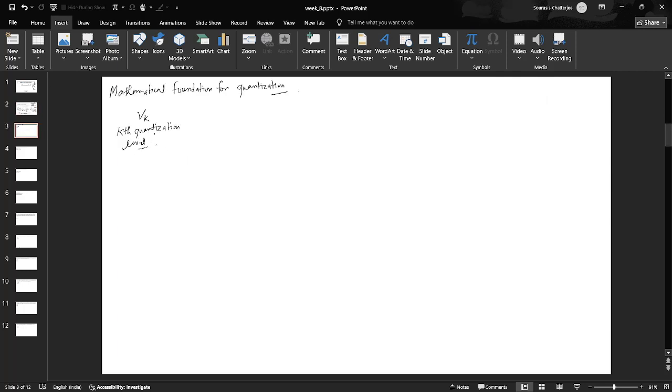Vk is the kth quantization level, and g is the quantization function, and m is the message signal, of course, and here m is a sample.